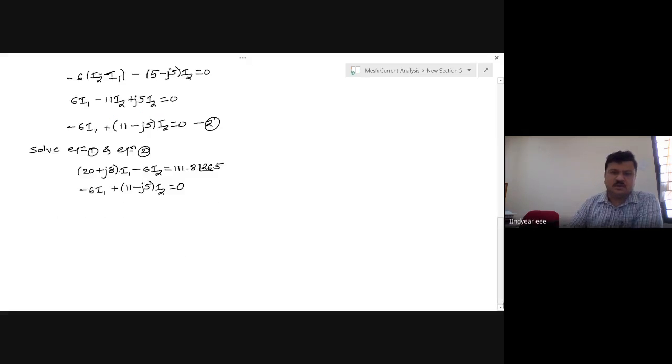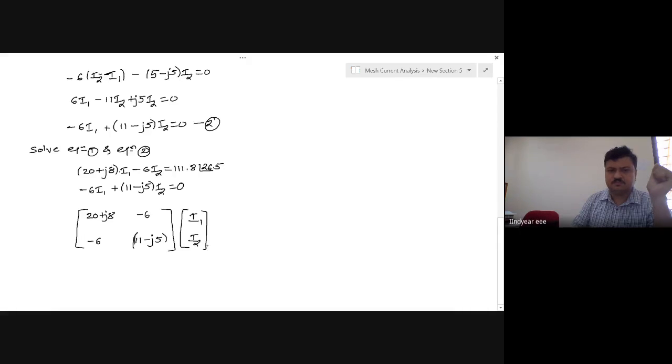Now writing the same two equations in matrix form, the coefficient matrix is [20 plus J8, minus 6; minus 6, 11 minus J5] into I1 and I2, equals 111.8 at an angle 26.5 and 0.